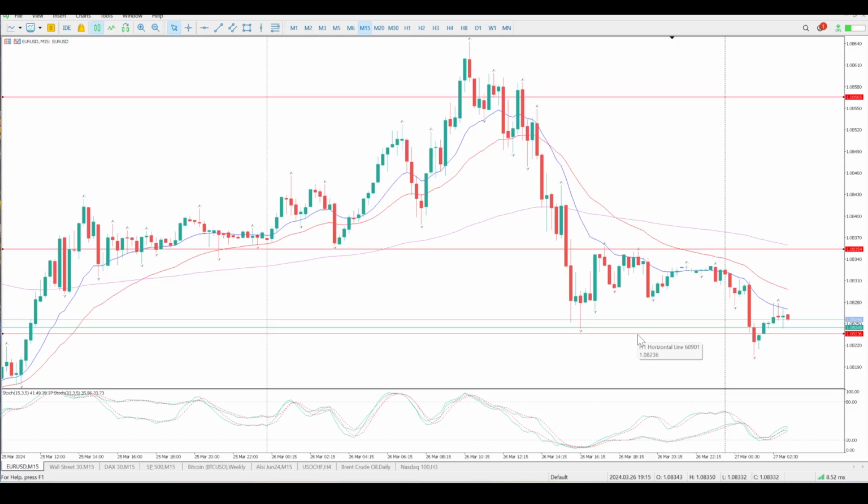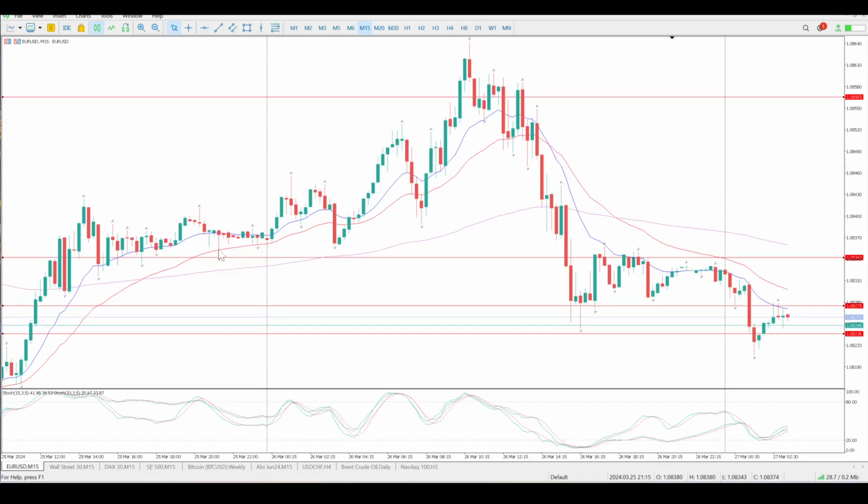Price needs to come back and test that, and then I would also be looking at my pin bars, and you can take this one and just dump it on the pin bar that's there. So this level is still very much in play. A rejection of 108.342 gets you short. A rejection here at 108.275 gets you short.